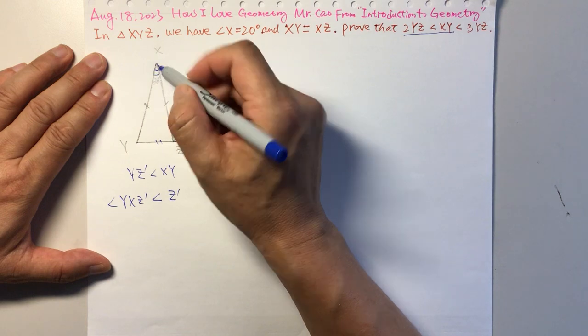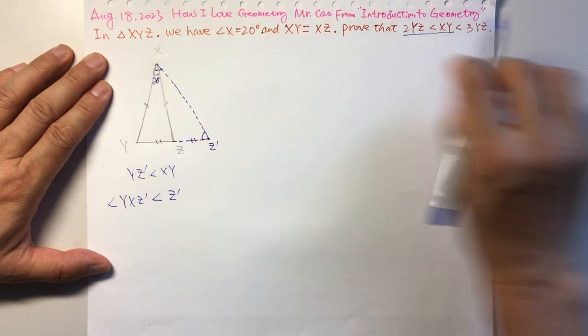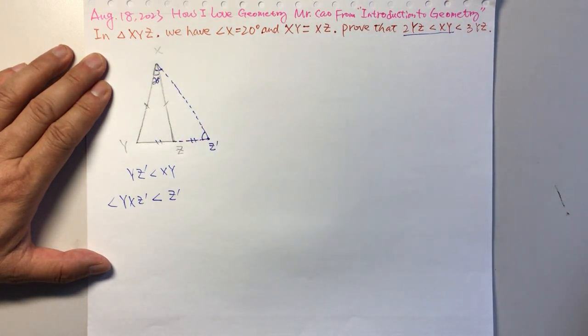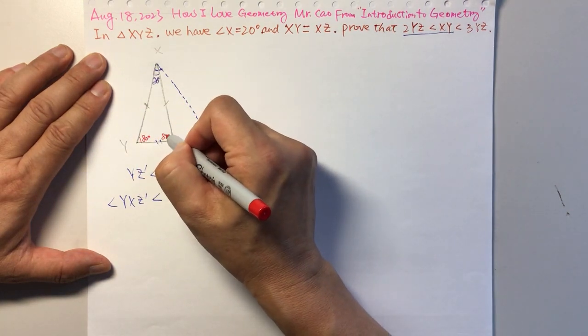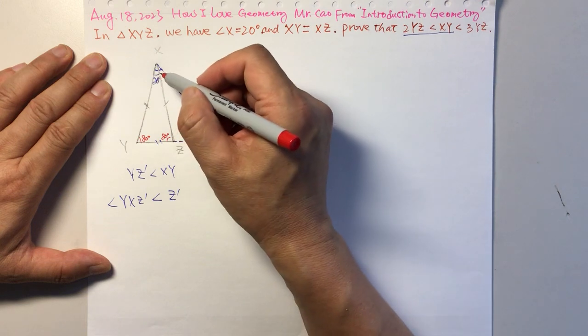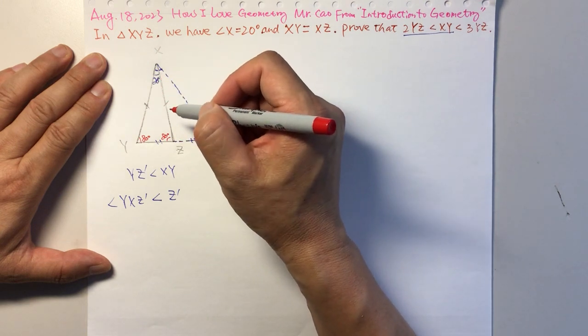Because this is 20 degrees, we know this is 80 degrees, and also this is 80 degrees.